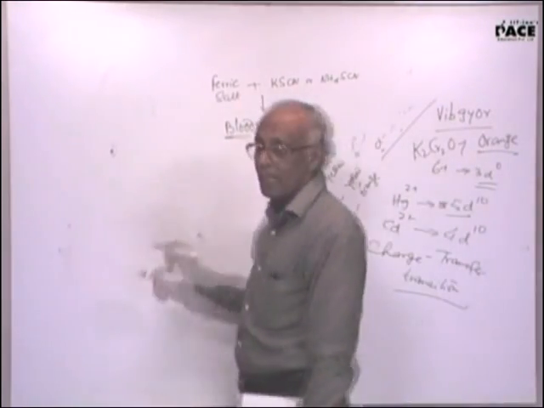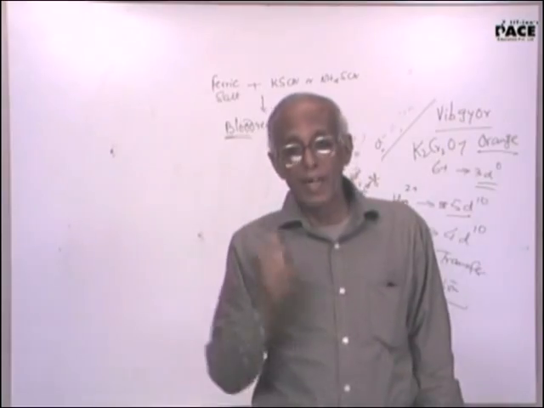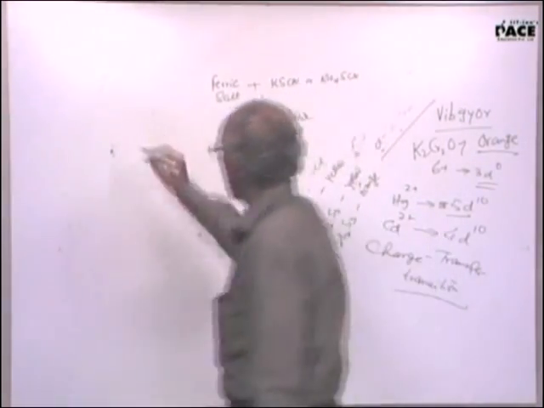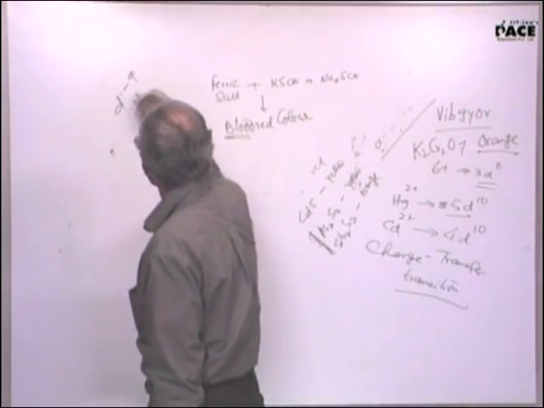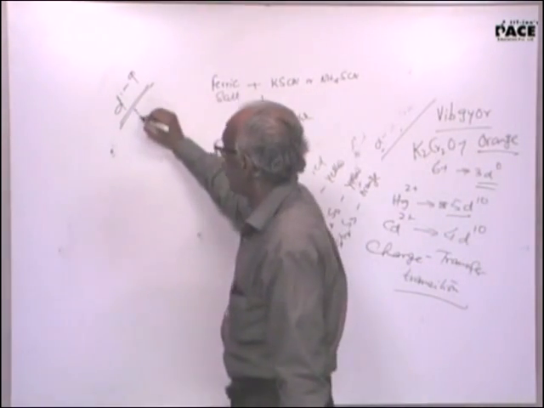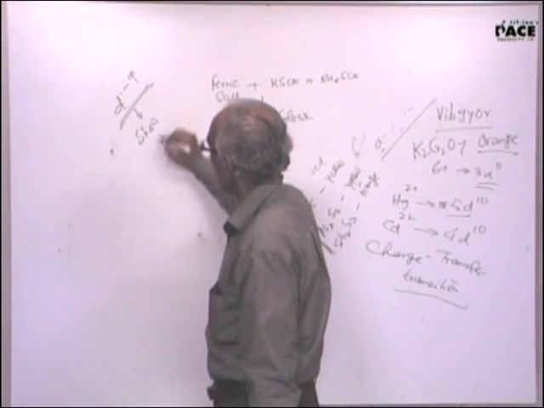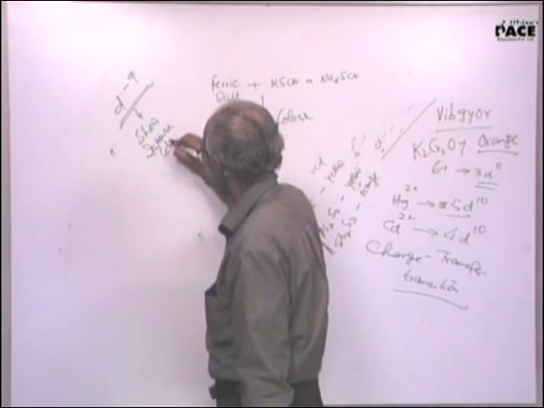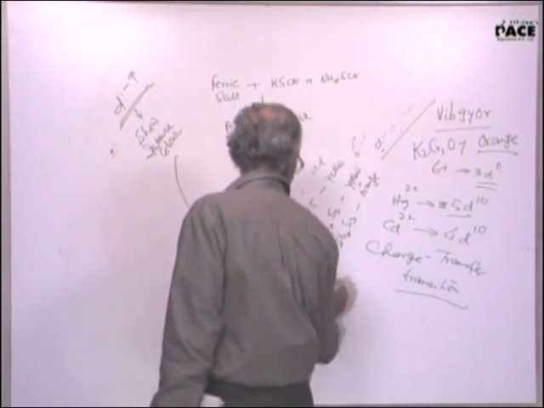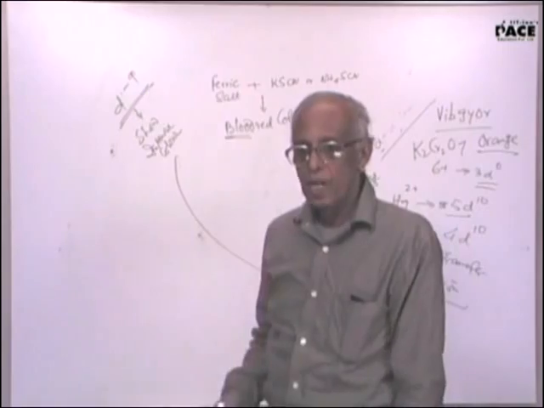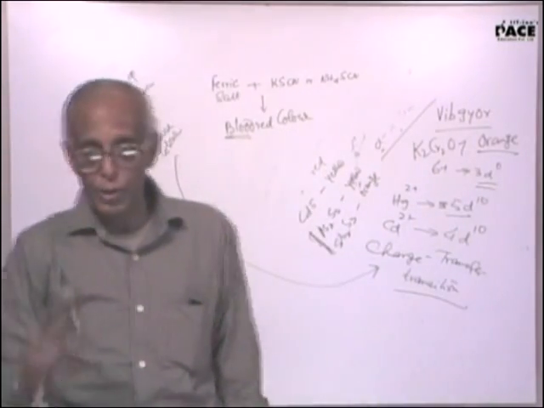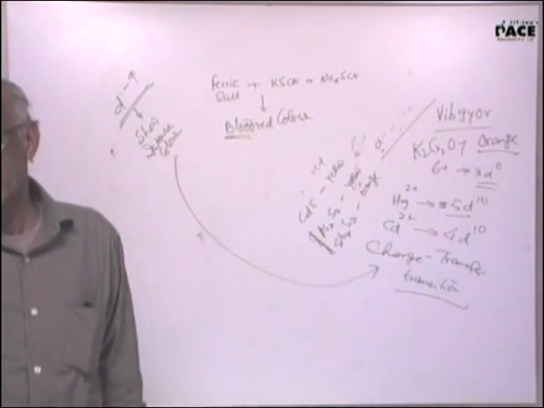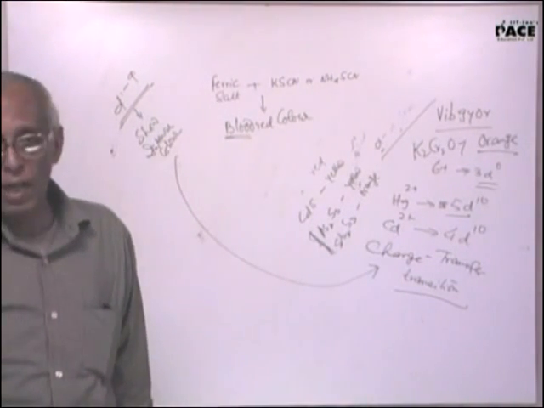So I said that if you see a very intense color, even for d1 to d9, then that is due to charge transfer, not due to dd. If they show color by dd, it is not strong; if very strong color, charge transfer.